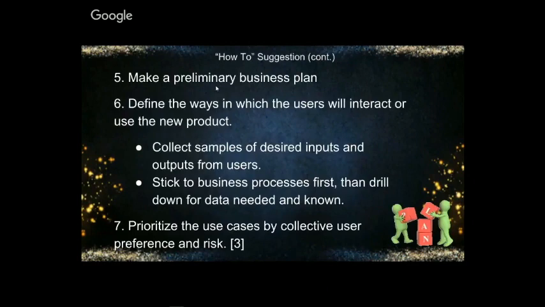Next, you would make a preliminary business plan and define the ways in which the users will interact or use the new product, collect samples of desired inputs and outputs from users, stick to business processes first, then drill down for data needed and known, and prioritize the use cases by collective user preference and risk.